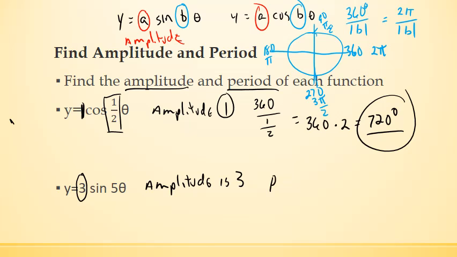And then the period, over what measure does this function begin to repeat itself, would be 360 over 5. And if we do the math on that, 3 is going into 36 7 times, that's 35, 1, 10, 5 goes into 10 2 times, it's going to be 72 degrees.